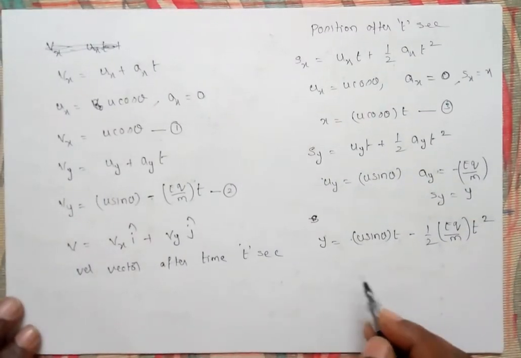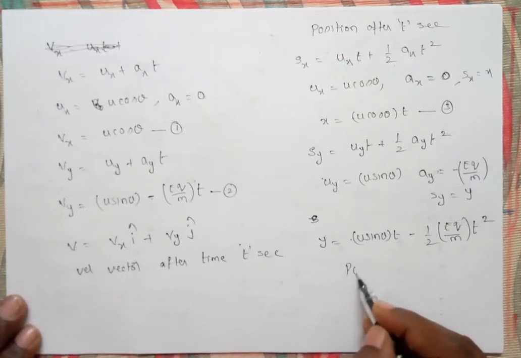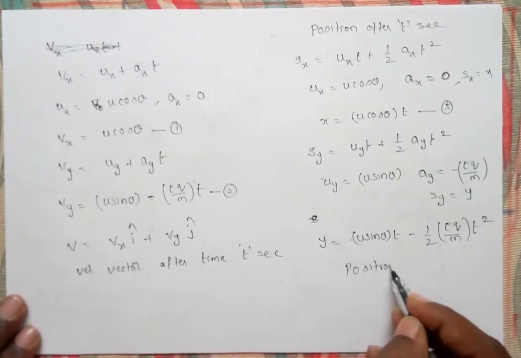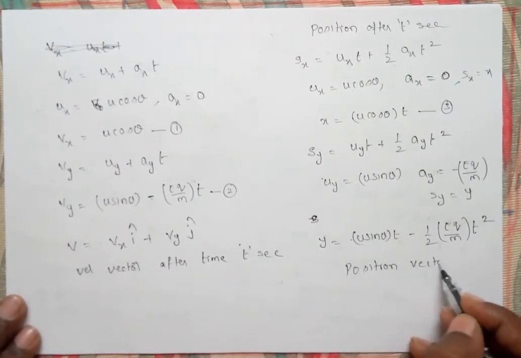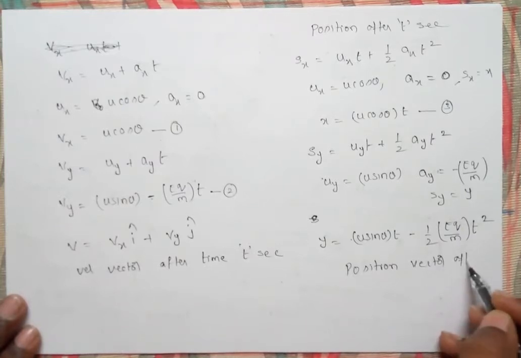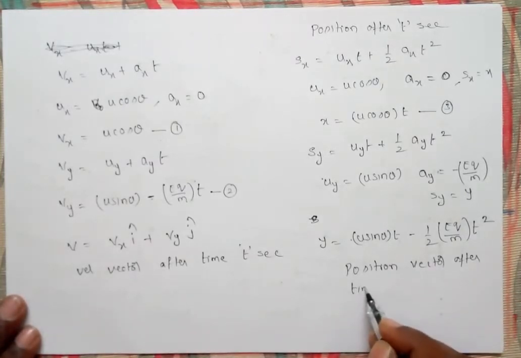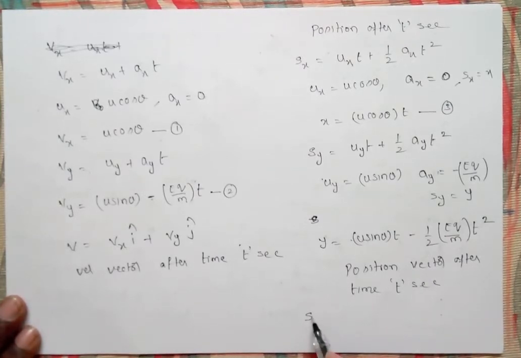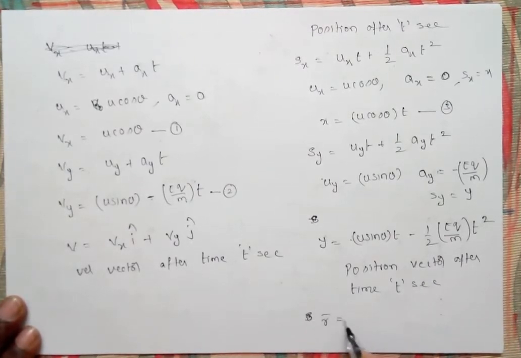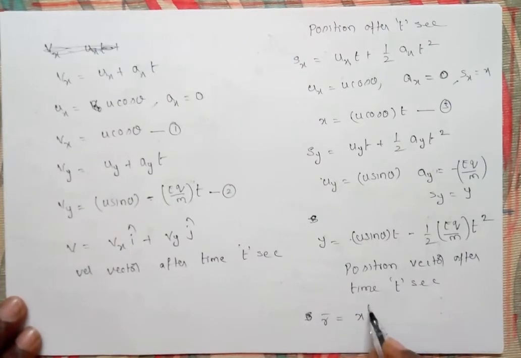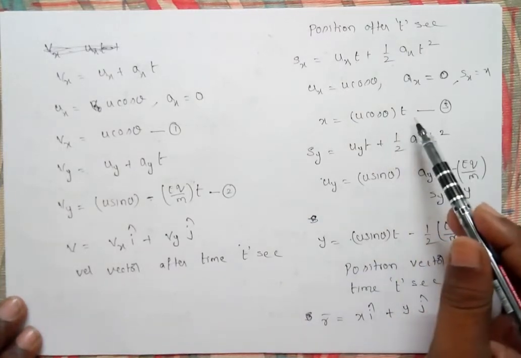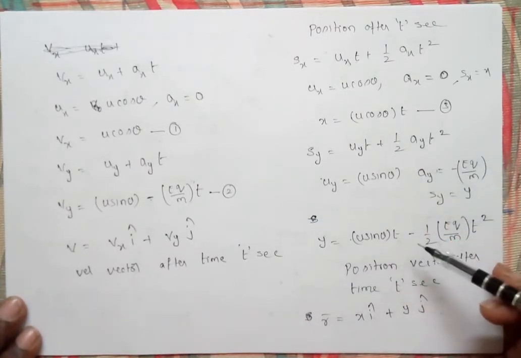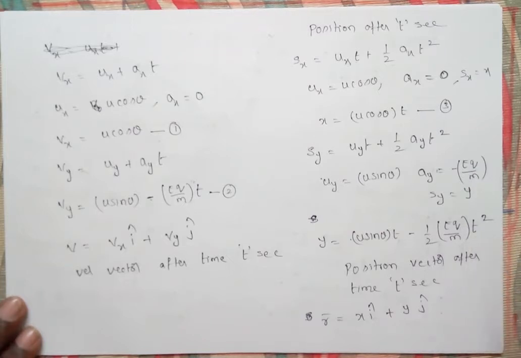Based on this, the position vector after time t seconds we can write as r bar equals x i cap plus y j cap, where x is u cos theta into t and y is u sin theta into t minus half eq by m into t square.